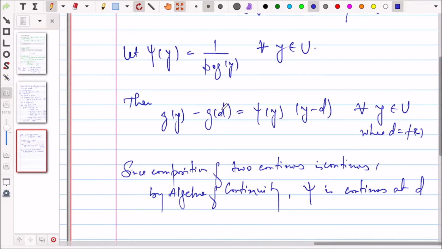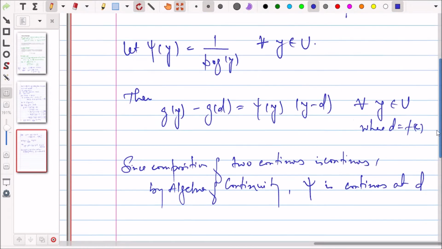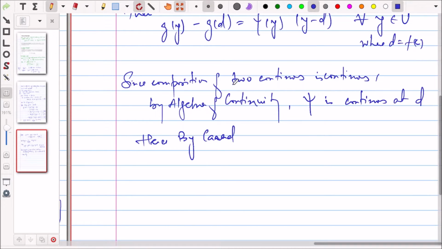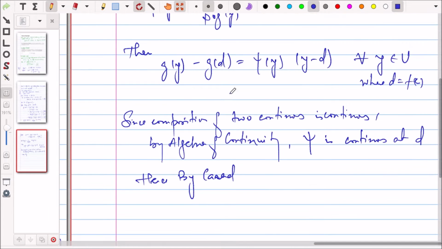At d, this point d. So hence by characteristic theorem, we are able to find a continuous function which satisfies this property.